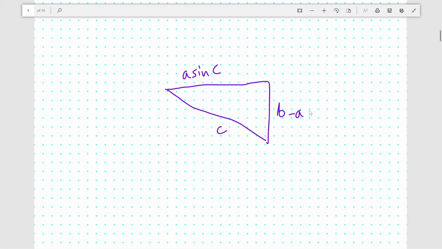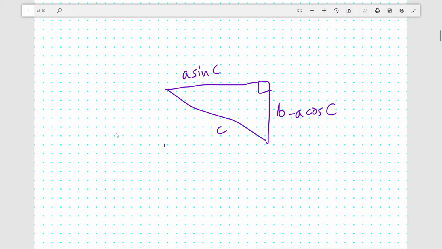So let's make this clearer. We have a right-angled triangle here, and we have our side c, and we have a side that is a sine C, and we have a side that is b minus a cos C. And there is a right angle here. We want to find out c squared.